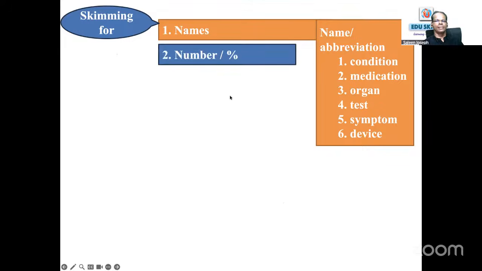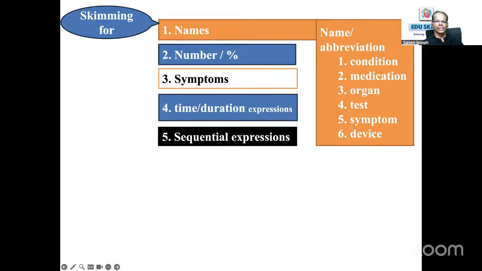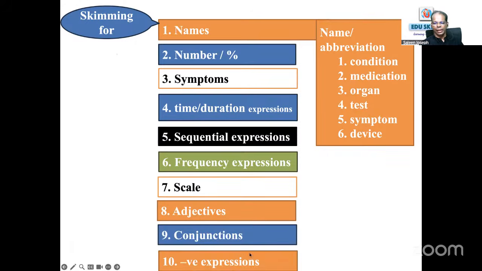Numbers or percentages, symptoms, time or duration expressions, sequential expressions, frequency expressions, scale, adjectives, conjunctions, and the last one, negative expressions. Even modal verbs you can do, but at this juncture you don't require that. If there are some challenges, you can look into it later.